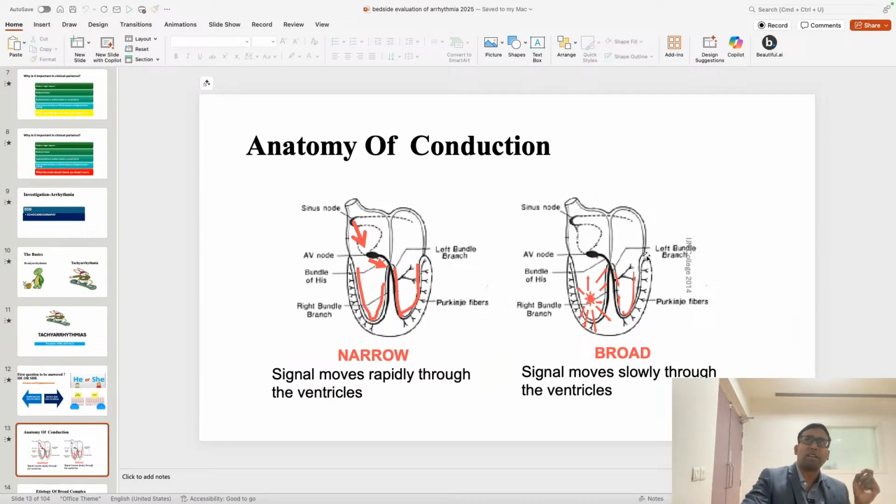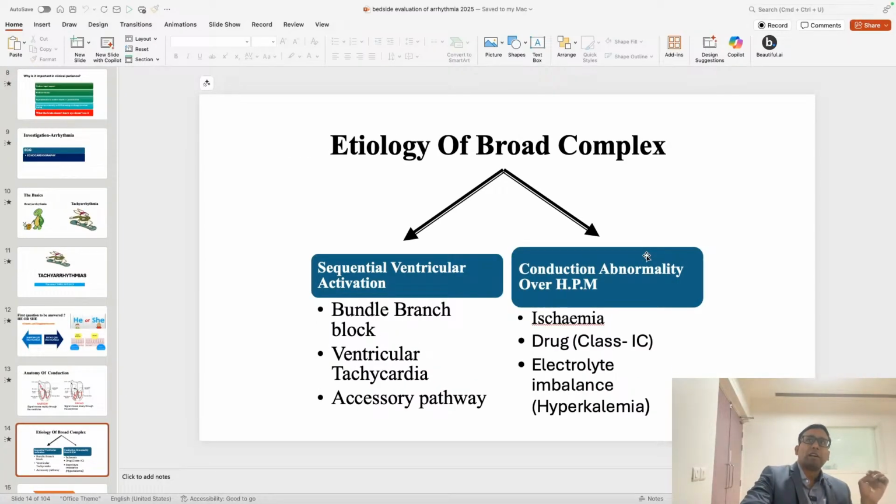This concept I have already explained: anything which is above the node will be narrow. If it is coming from below, then only it will be wide, or if it is above, it can also become wide if the bundle branches are diseased. Concept of broad QRS: why does QRS get broader? One is the normal simultaneous activation of the ventricles, meaning the left and right ventricles are getting activated together.